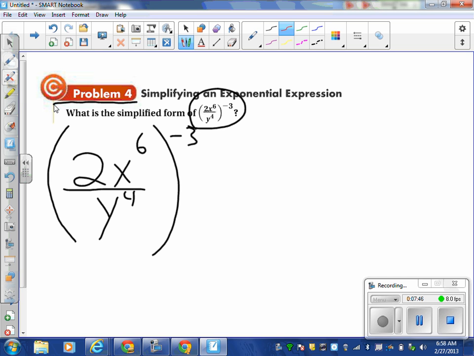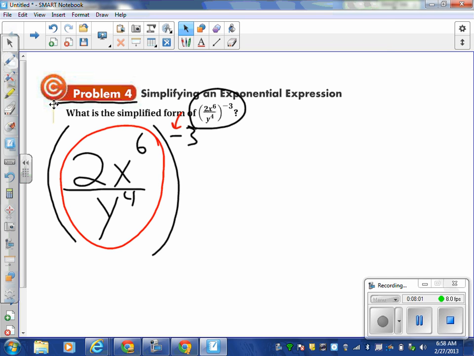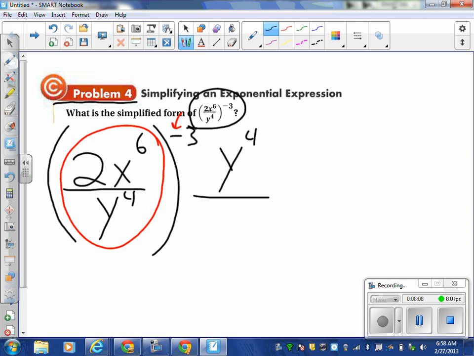Notice looking at this problem, we have a negative exponent. This negative exponent needs to be positive. So we need to flip this fraction right here and rewrite it as y to the 4th power over 2x to the 6th power, raised to the now positive 3 power.